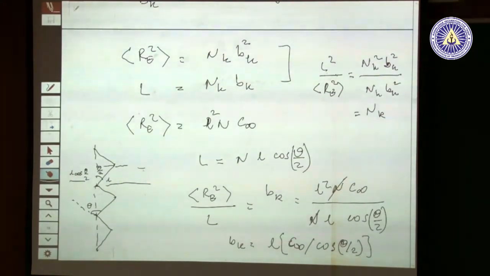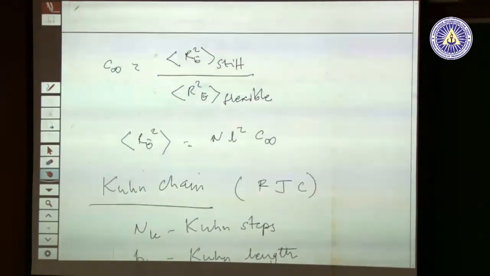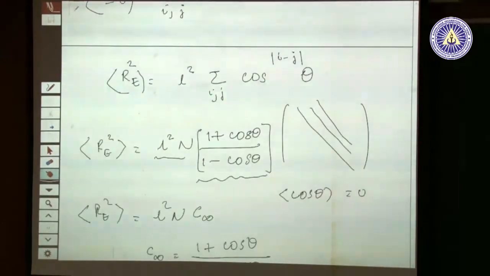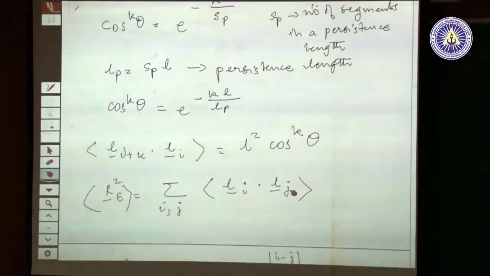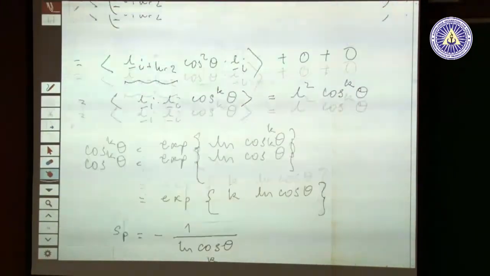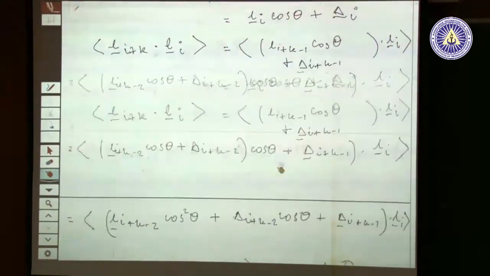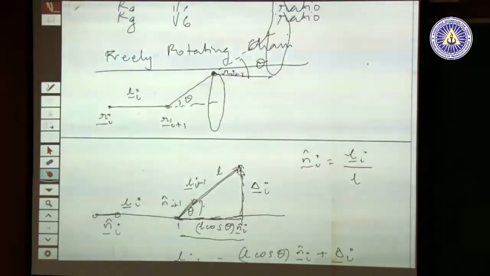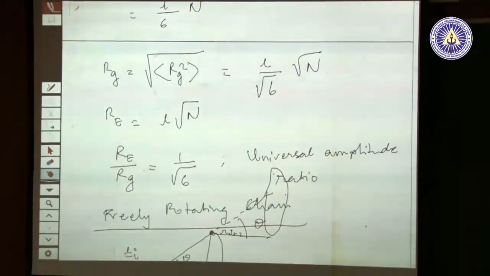To the point where we define some kind of amplitude ratio as 1 over root 6. We had an expression like 1 by root 6 n times L cubed. Yes, that is Rg. L times 1 by root 6 would be L times square root of n.